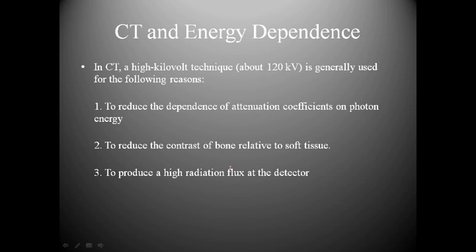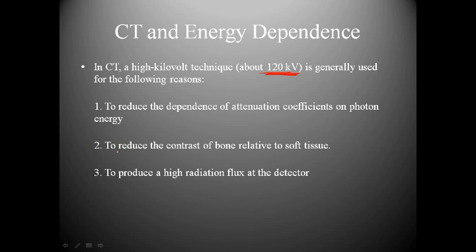In CT, a high kilovolt technique, about 120 kV, is generally used for the following reasons. So basically, the reason we use around 120 kV is this: to reduce the dependence of attenuation coefficients on photon energy, to reduce the contrast of bone relative to soft tissue, and to produce a high radiation flux at the detectors. And so basically, we want to allow a wide range of contrast.